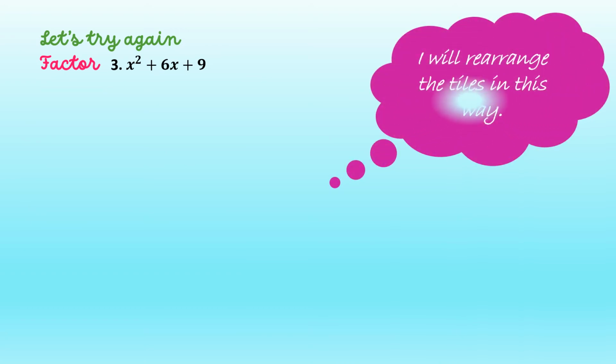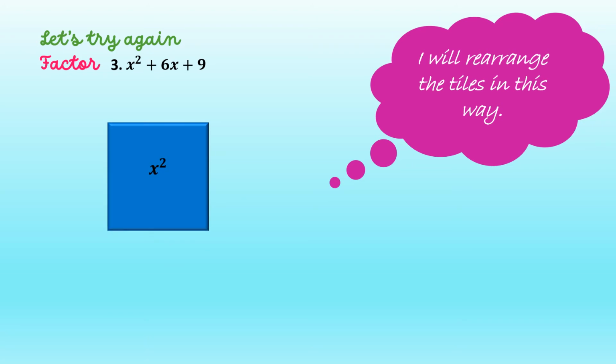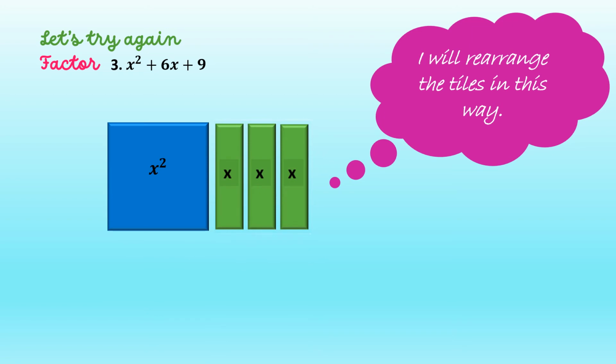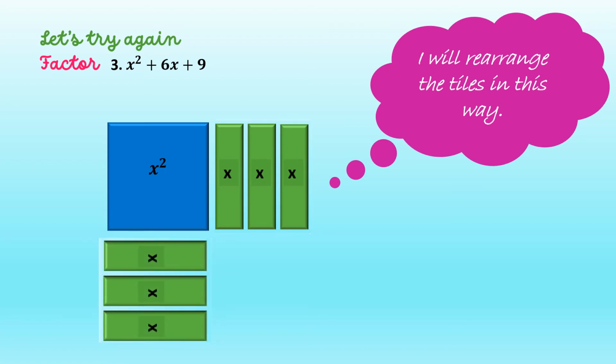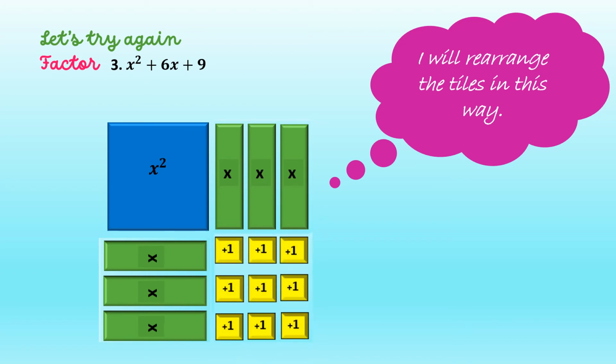Let's try again. I will rearrange the tiles in this way. One large blue tile. On its right side, I placed 3 green tiles, and below it, I also placed 3 green tiles. So I have here the 6 green tiles. And then on the space below the green tiles and beside the 3 green tiles, I placed the 9 yellow tiles.